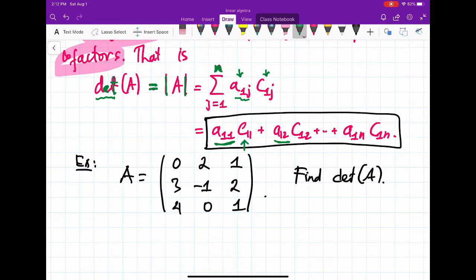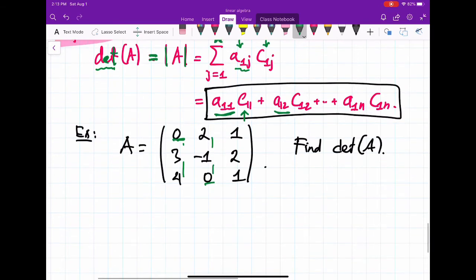So I need to pick the row or column with more zeros. In this case, I see 0 here and 0 here, so you can pick the first row or the first column or the second column or the third row. Okay, let's use the first row.